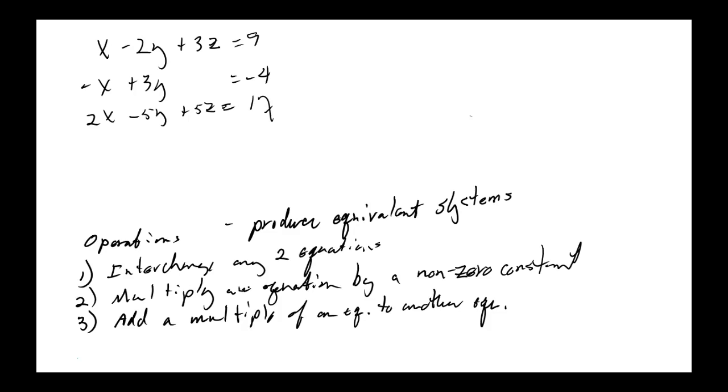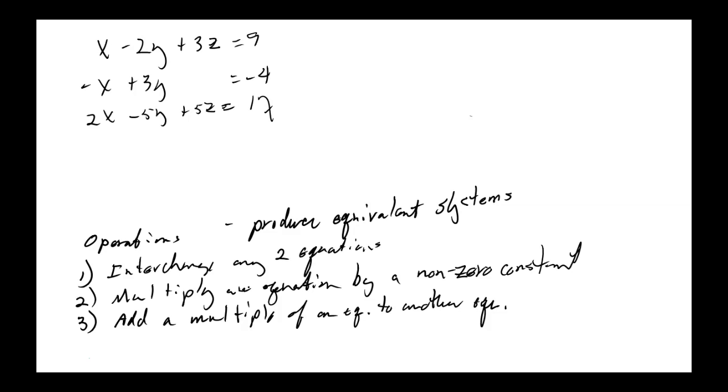Now, what we want is a 0 underneath it, don't we? Because we want that leading 1 to be stepping back. So, how could we get this to become a 0? Well, add a multiple of an equation to another equation. So add these two together, 1 times this plus this, and this will become a 0, won't it? So let's do that.